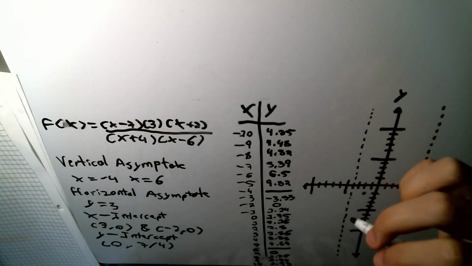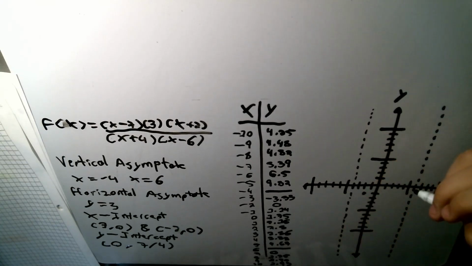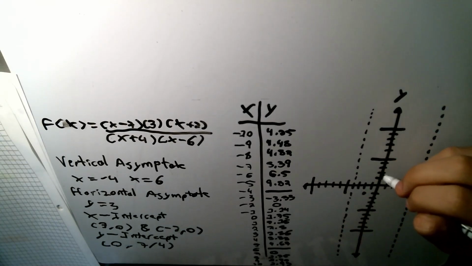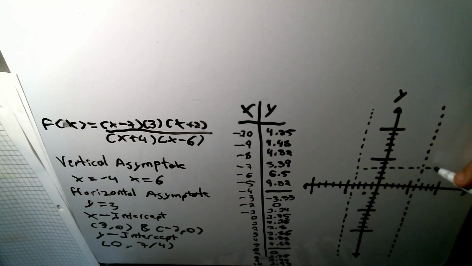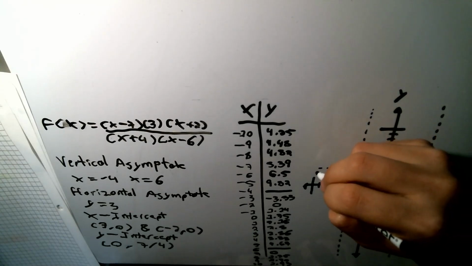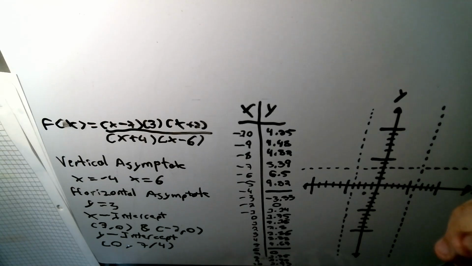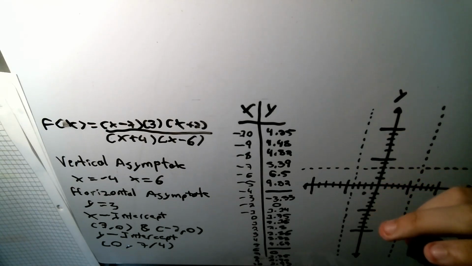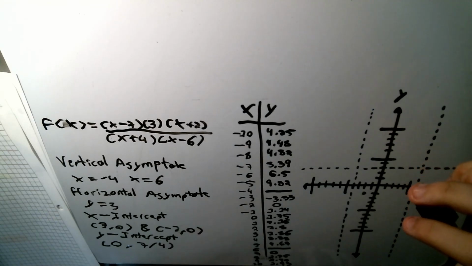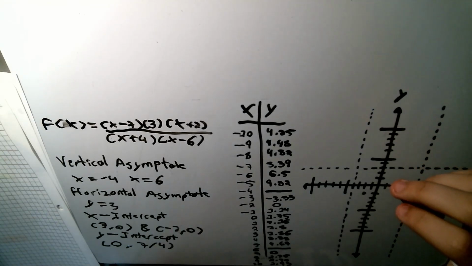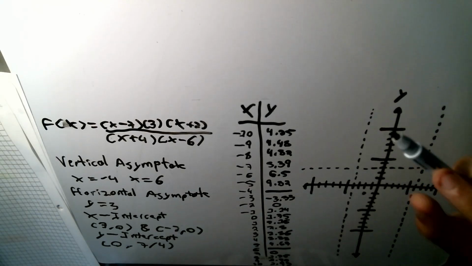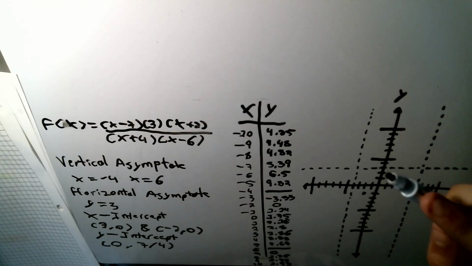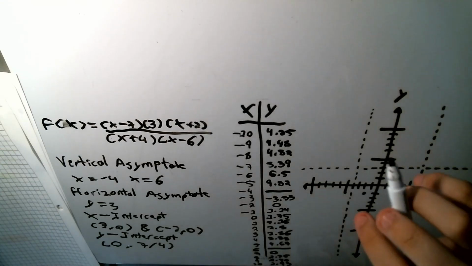Now the horizontal asymptote. Okay, now it's graphing.